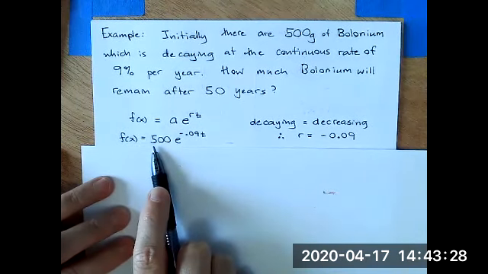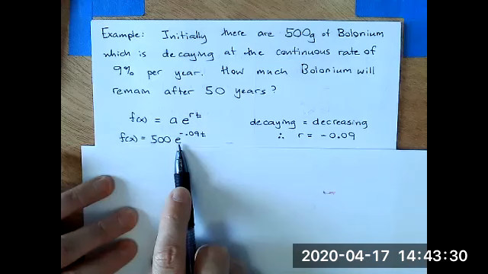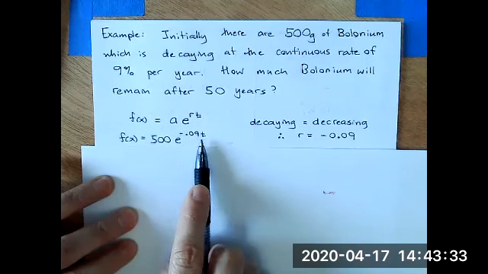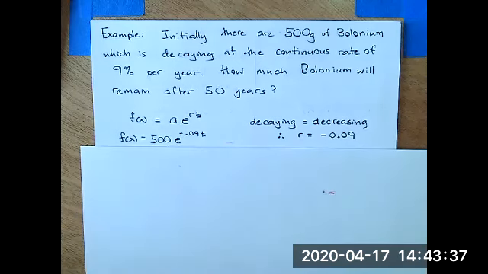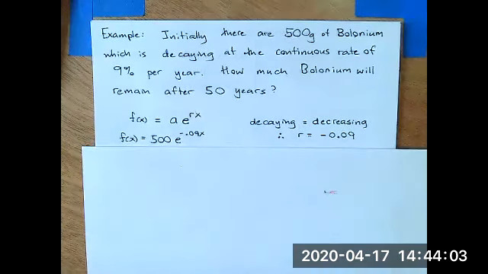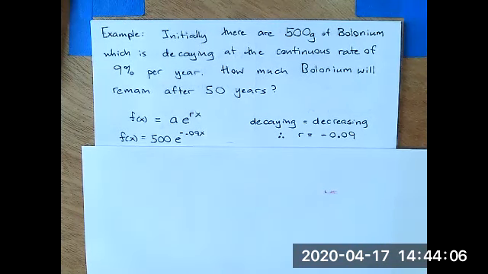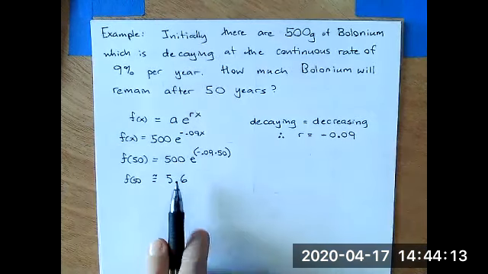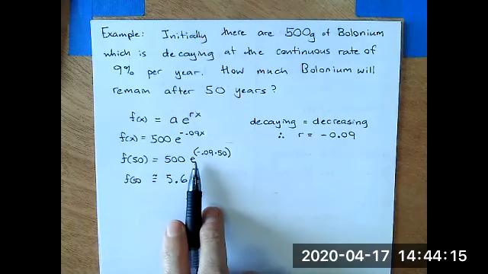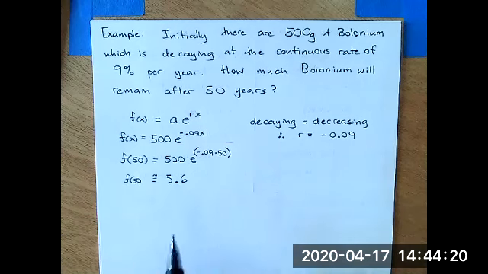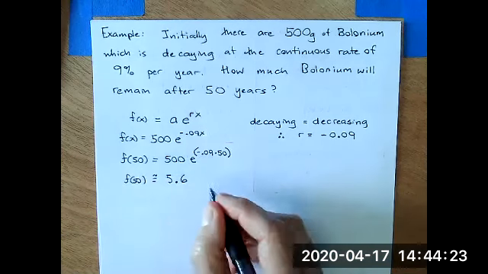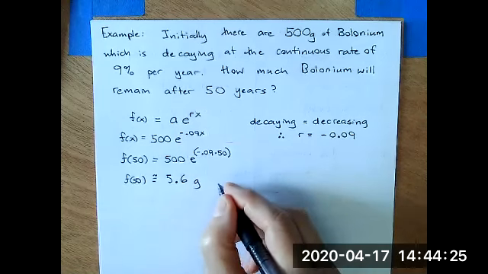So our initial value is 500, and the function is e to the minus 0.09 times the number of years. So to find out how much polonium will remain after 50 years, we plug in 50. So that's 500 times e to the minus 0.09 times 50. And we get approximately 5.6 grams remain.